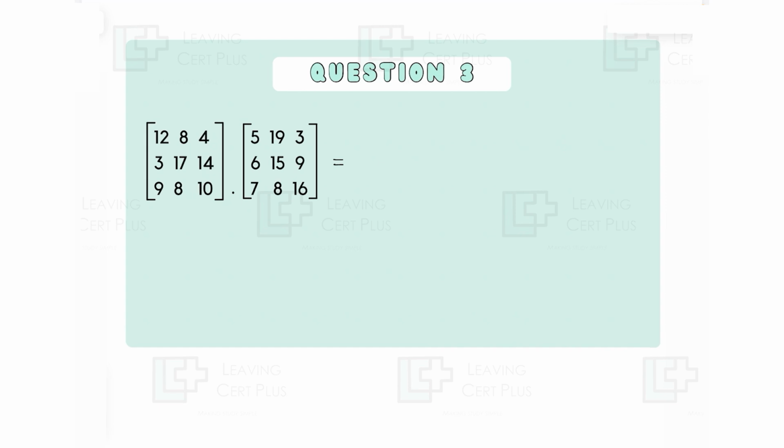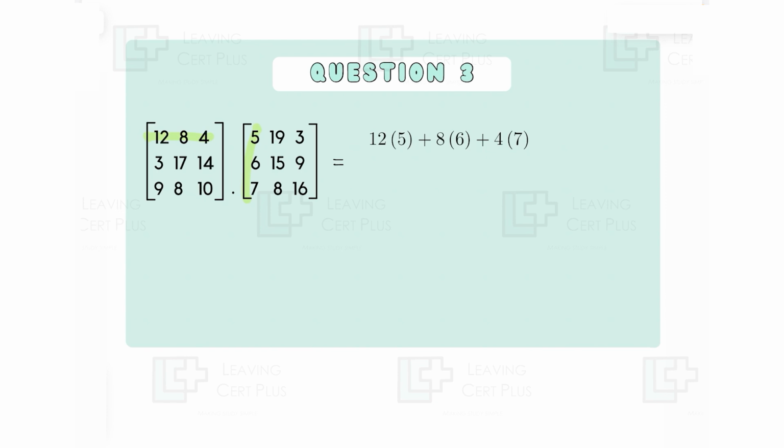Alright, so let's check out our answer for this matrix multiplication here. So remember, we're always going to go row by column. So if I start off, I've got my 12 by 5, I've got my 8 by 6, and I've got my 4 by 7. I just multiply all that, add them all together, and that gets my answer for the first number in my matrix.